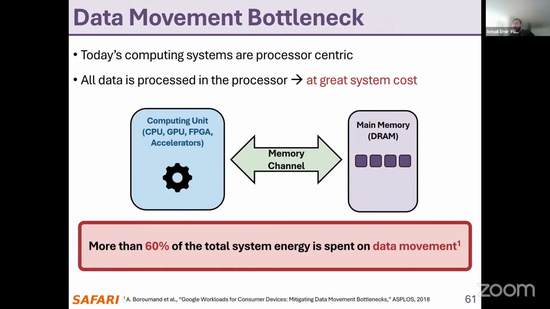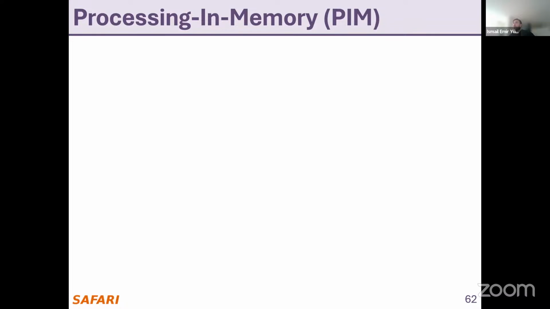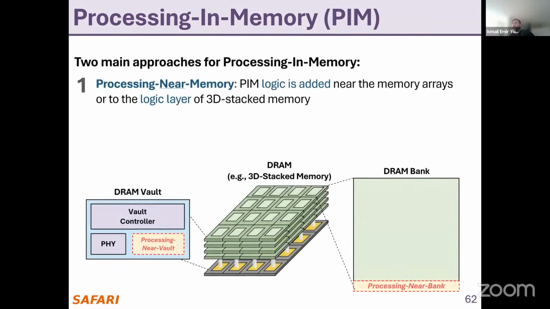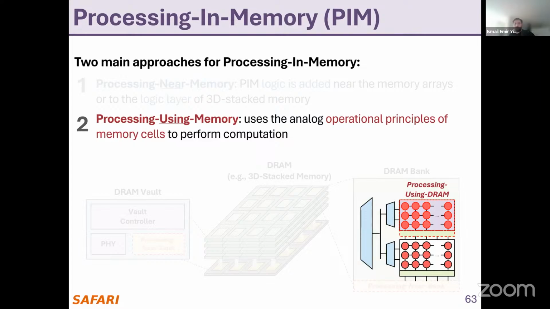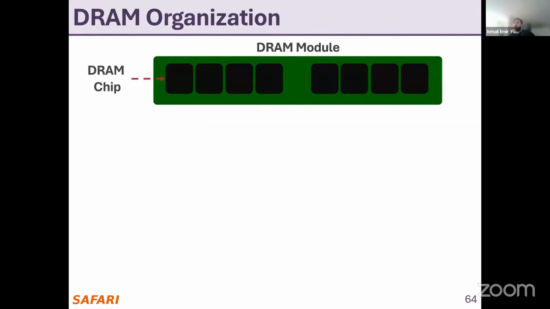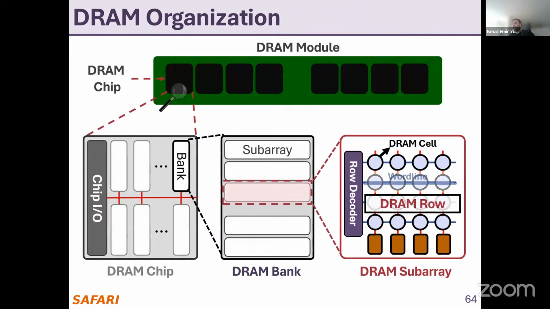As you already know, more than 60% of total energy is spent on data movement. The two main approaches for this are processing near memory and processing using memory, as you all know. In this paper, we focus on processing using memory, which uses analog operation principles of memory cells to perform computation. We already discussed the DRAM organization, so I'm going to skip that.